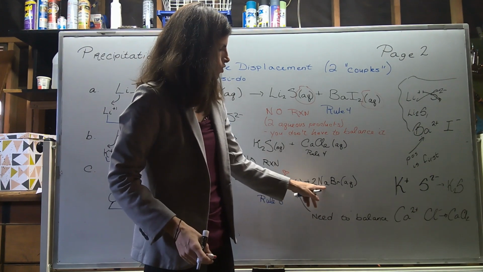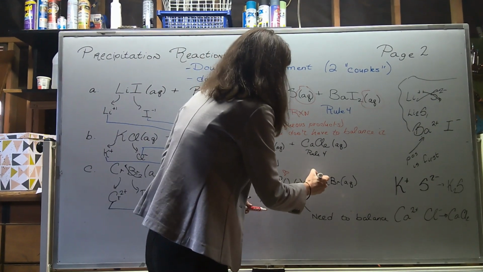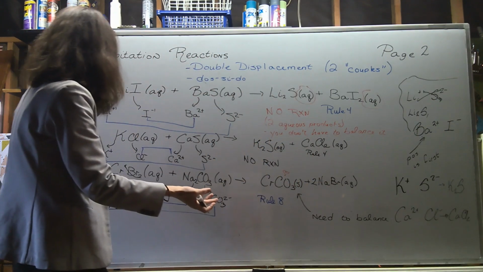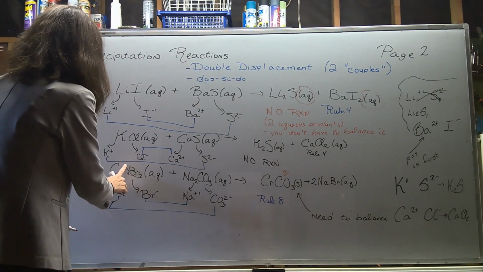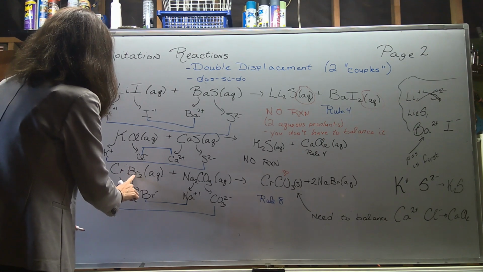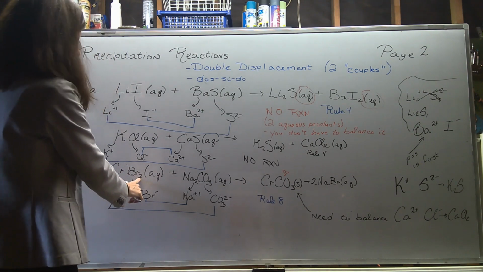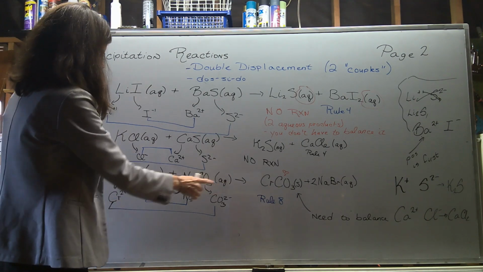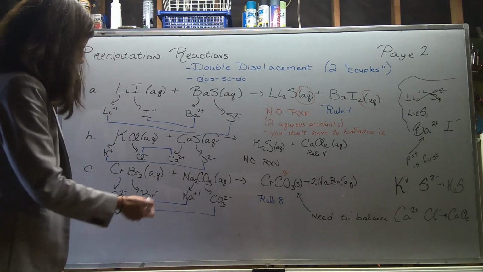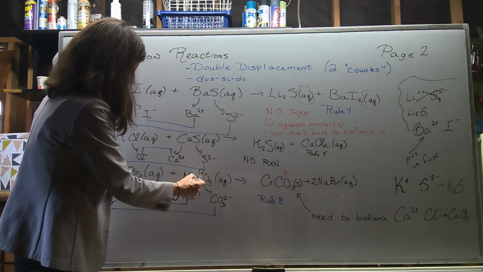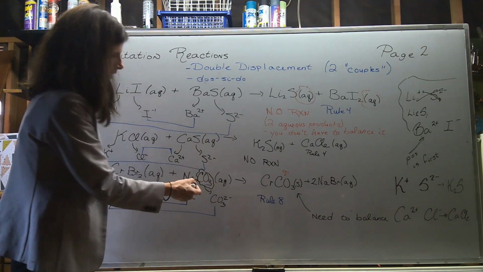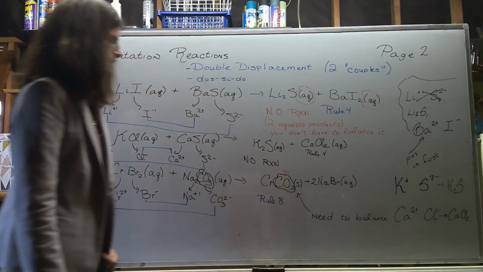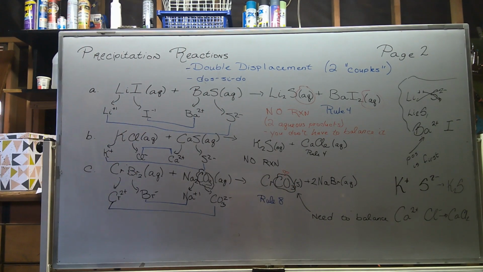That's going to give me 2 sodiums, but the 2 also has to be distributed to the bromine. So that gives me 2 bromines. But if I come over here, I already have 2 bromines over here, so that's good. 1 chromium, 1 chromium. I don't like to separate my polyatomics. There's no point. So I got 1 carbonate over there and 1 carbonate over there. So everything's balanced just by the addition of the 2.